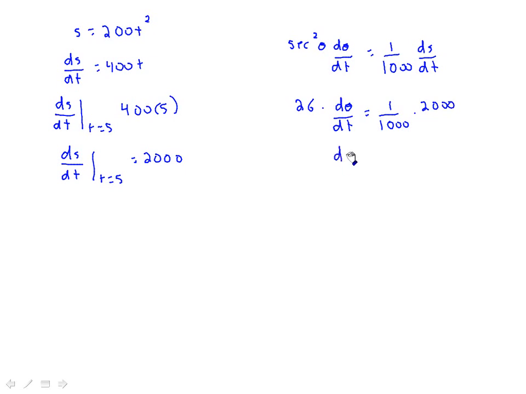Do all the necessary cleaning up on that one. 2,000 over 1,000 is 2. And then divide by 26, and you'll get 2 over 26. So d theta dt, when you simplify, I believe I asked for an exact value, or I didn't specify, so therefore keep it as an exact value, is 1 over 13.